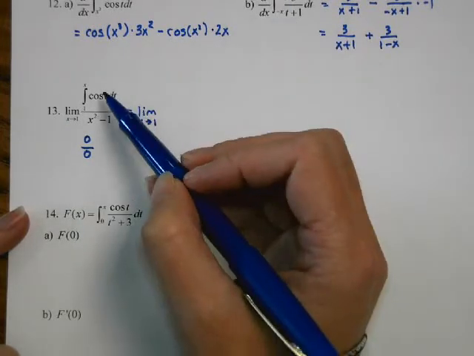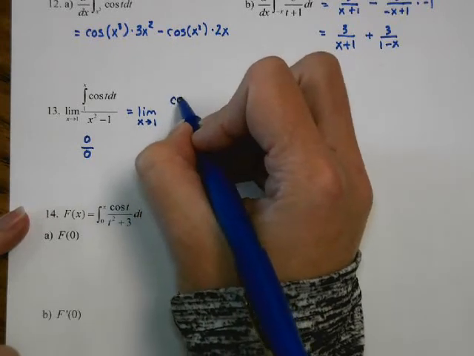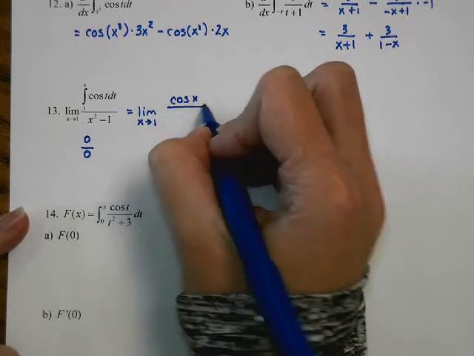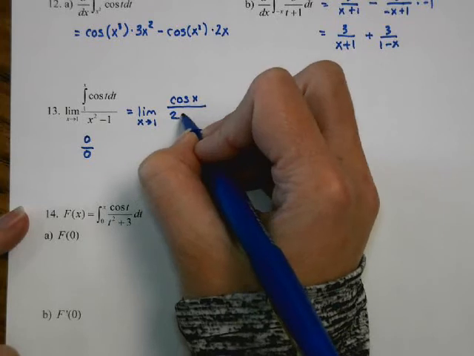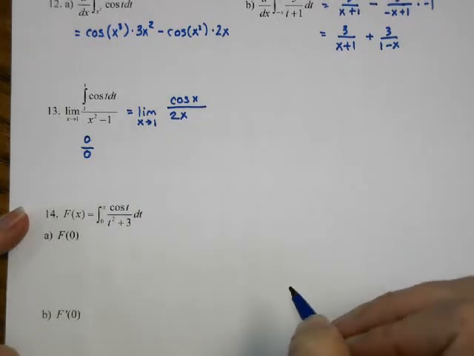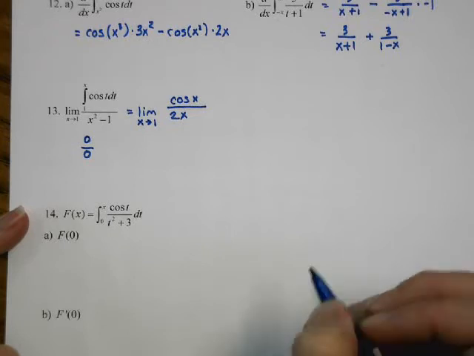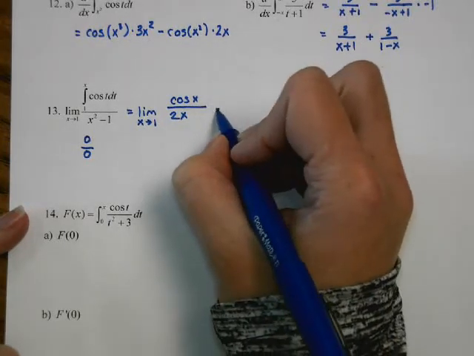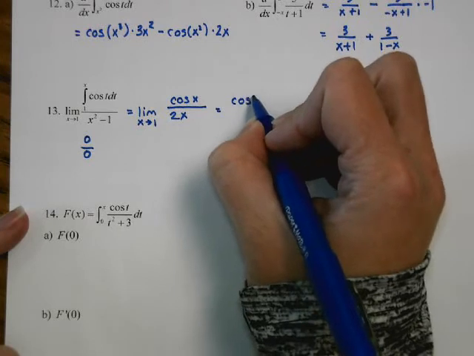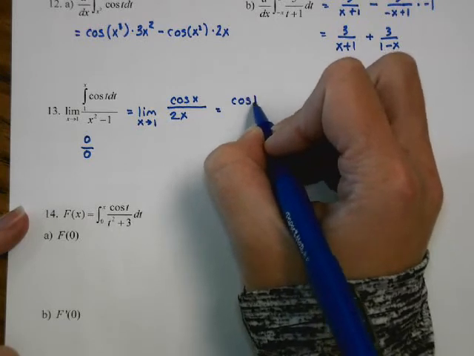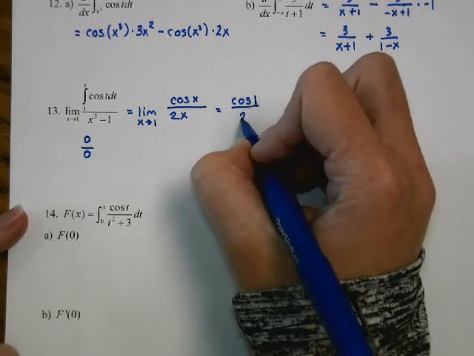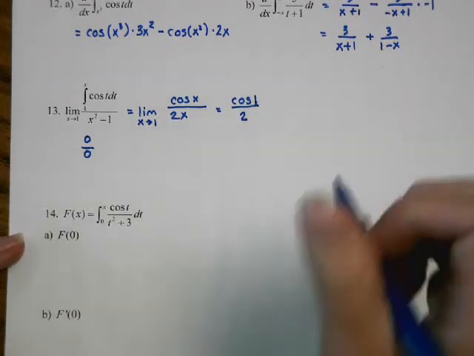So the derivative of the top is going to be cosine of x, the derivative of the bottom is going to be 2x. Now when I plug in 1, this is going to be cosine of 1 over 2 times 1, which is going to be 2.